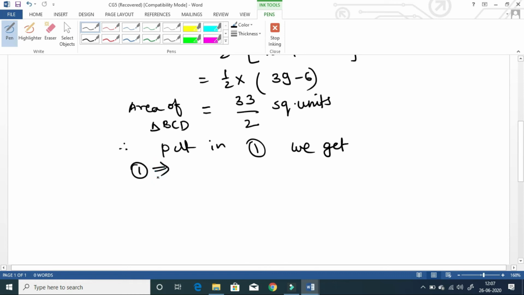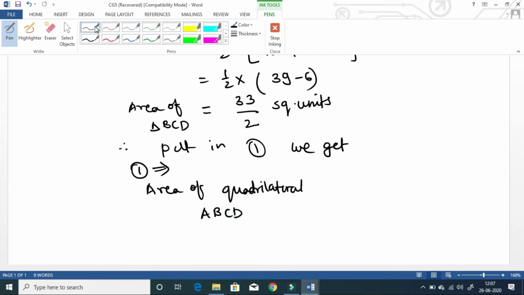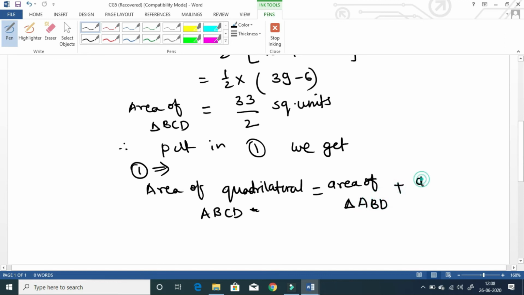So area of quadrilateral ABCD is equal to area of triangle ABD plus area of triangle BCD.